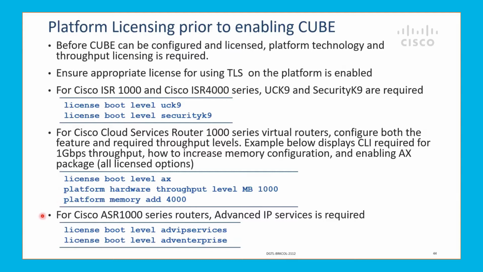For the ASR 1000 series, Advanced IP Services and Advanced Enterprise Services support Cube, and this is the CLI. Advanced IP Services is more common, but Cube Enterprise is supported on Advanced Enterprise as well. So ensure, prior to getting to the Cube license, you have the underlying platform, technology, and throughput licensing needed to support Cube deployment.